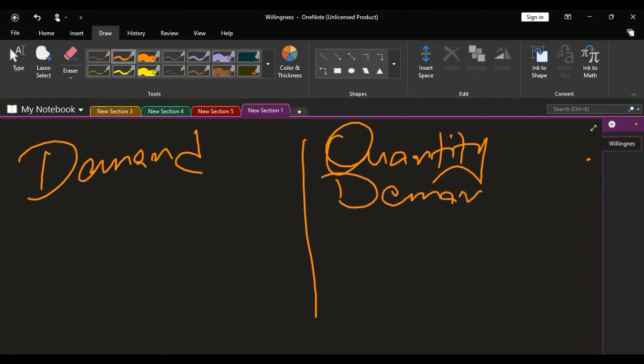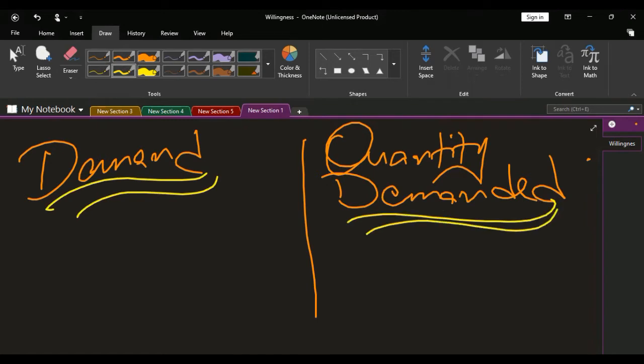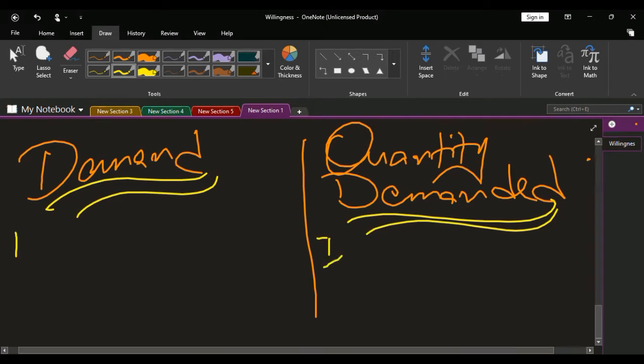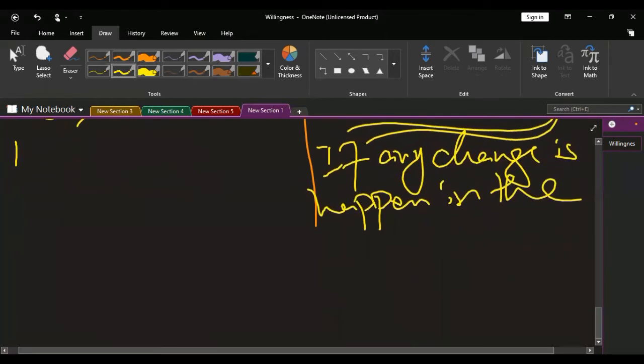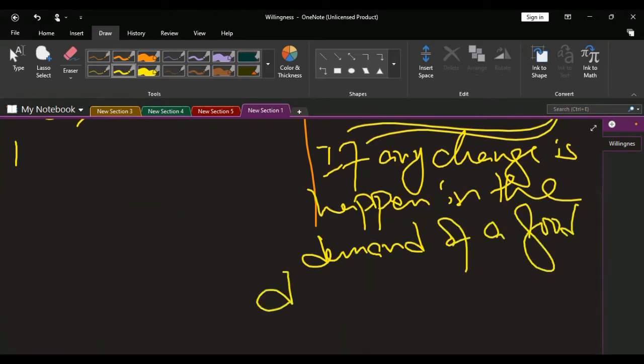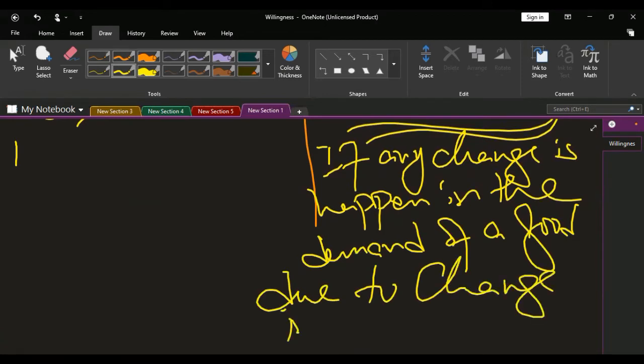It's a fundamental concept of economics. If any change has happened in the demand of a good due to change in price.